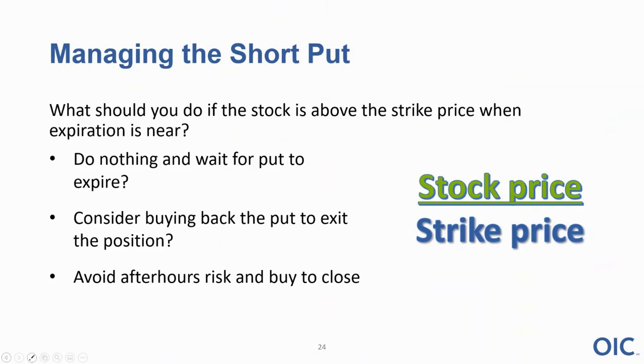Trading stops at 3 o'clock Chicago time for equity options, 3:15 typically for indexes. The reason that's important is that your risk, certainly as a put seller or a call seller for that point, doesn't end at 3 o'clock. Your risk basically goes until that contract expires.